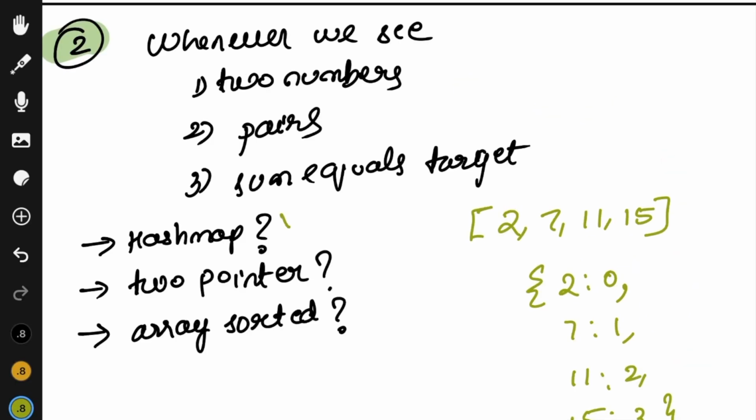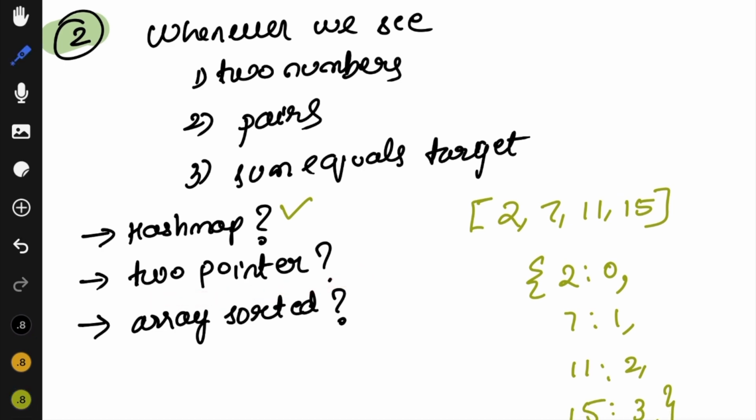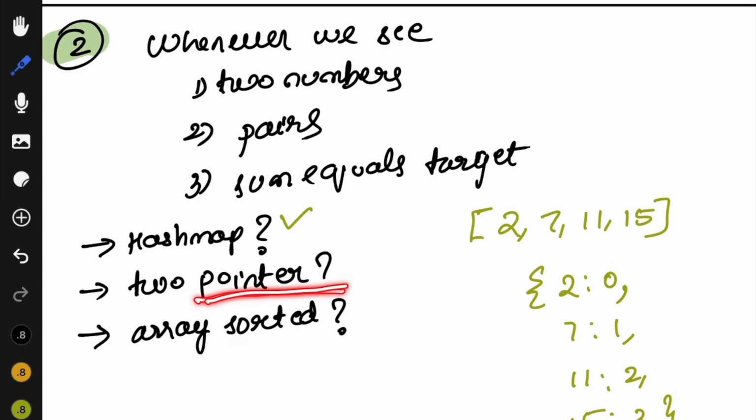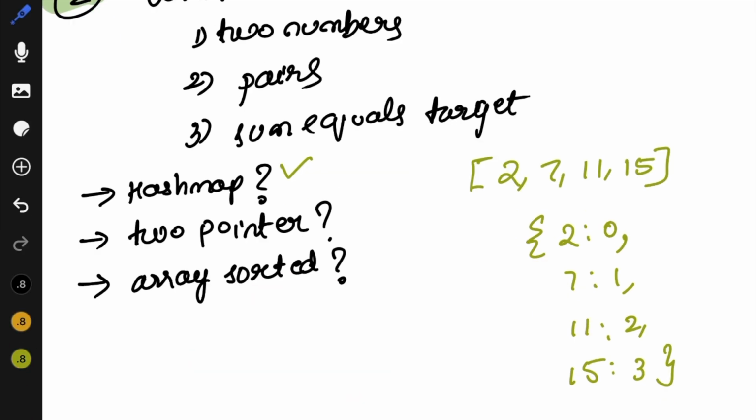So we could use a hash map, but coming to two pointer, do we really need a two pointer? Actually, no, we don't need a two pointer. If we have to use a two pointer, our array needs to be sorted. Most of the time, two pointer works best if the array is sorted. But the problem here is we cannot sort the array.